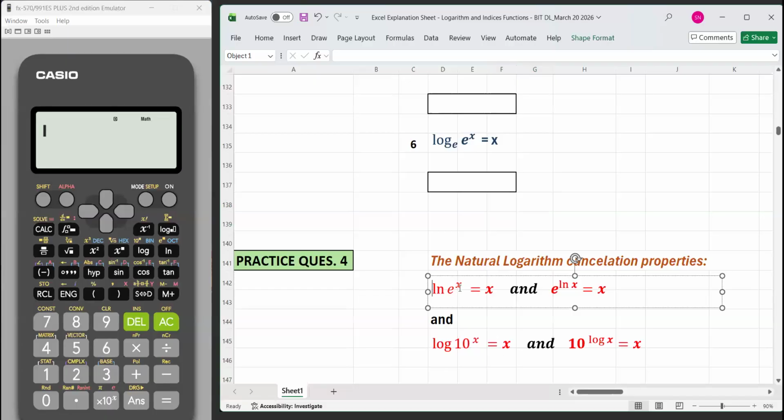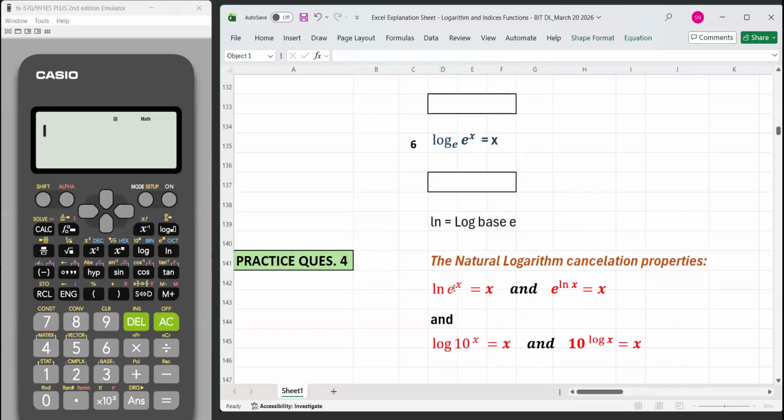Okay, here. ln is actually log of a number to base e. I haven't written the equation editor. So this is what it means. When you say ln, it means log to base e.